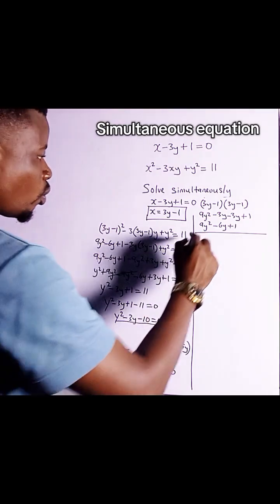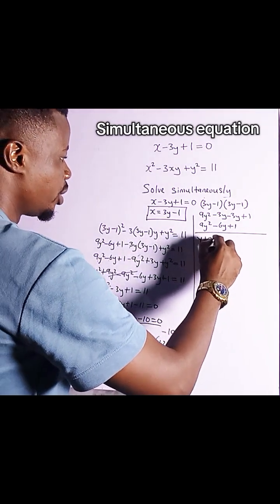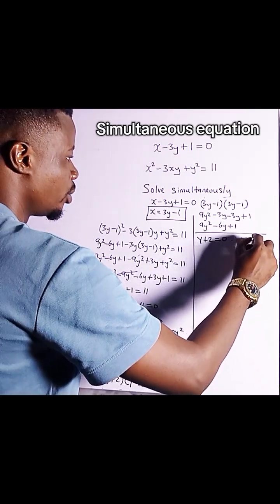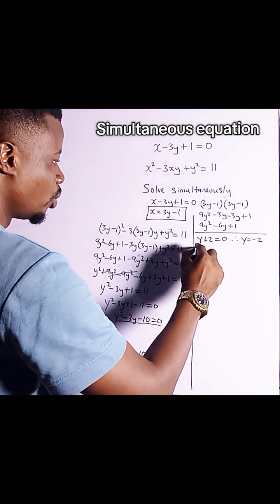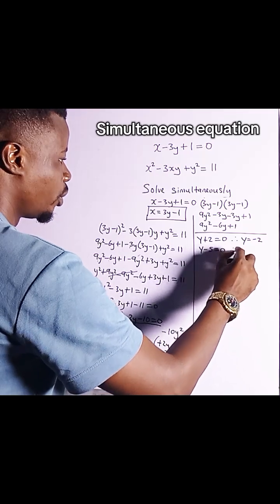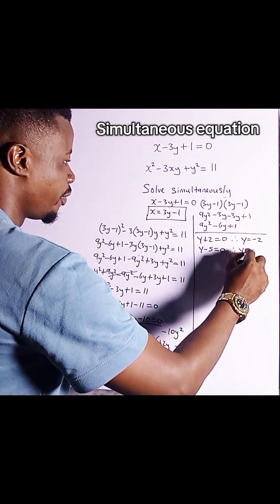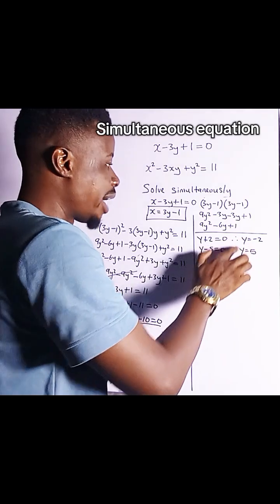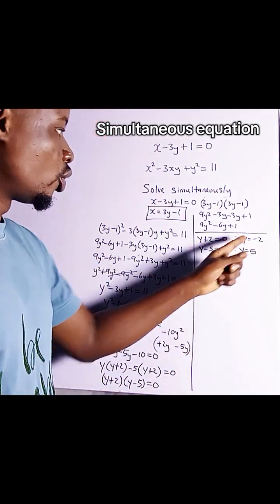So it means that y plus 2 is equal to 0, that is, y is equal to minus 2. And also y minus 5 is equal to 0, therefore y is equal to 5. Now we have two values of y, which are minus 2 and 5.